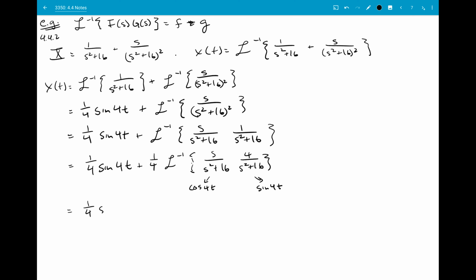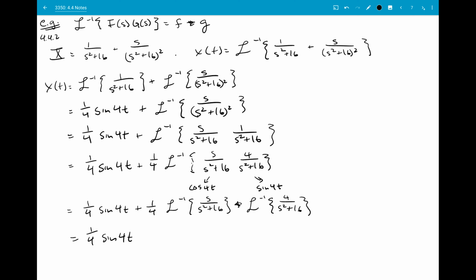So I'm going to have 1/4 sine 4t plus 1 over 4, and then I'm going to have L inverse of that quantity star L inverse of that quantity. But that's just going to be cosine 4t star sine 4t, where that star denotes convolution, not multiplication.